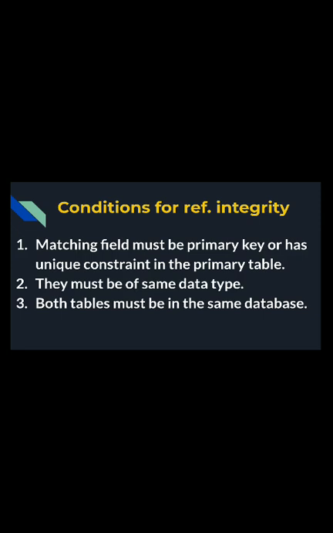That means the field that creates the link, like course ID, in the base table and the child table should both be of the same data type. If it is a string in one, it should be a string in the other. Both tables must be in the same database. The linked tables must be within the same database itself, and only then can referential integrity be formed between them.